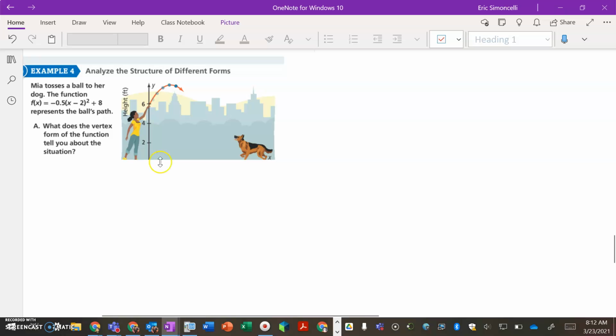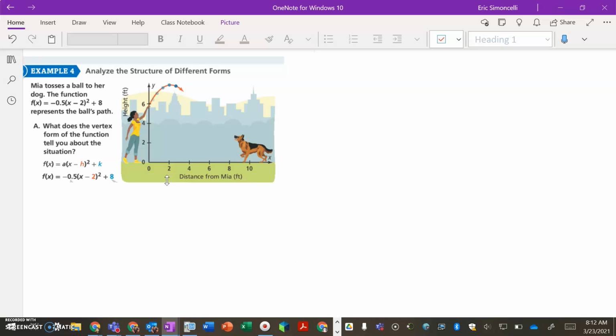I would argue, just based upon looking at the vertex form, we already know the vertex. In other words, this topmost point should simply be 2, 8. That's a very important feature to start with. If we take a look, we can note, as they do, the red and blue denotations of h and k respectively are 2 and 8.